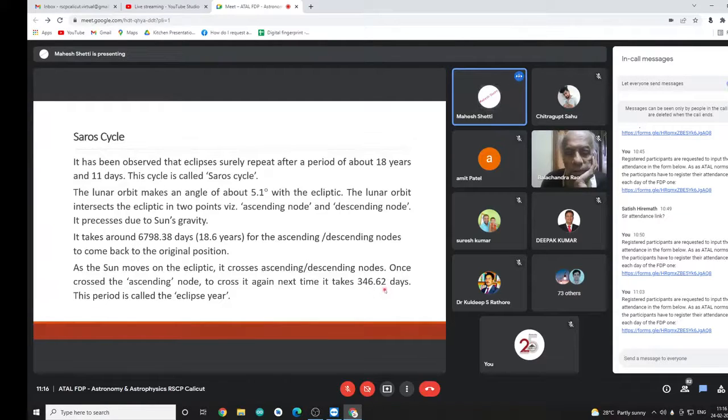Remember also the tropical year, 365.2422 days. And also you can remember that 12 lunar months is going to be 354 days. So there are different durations here. The eclipse year is going to be different, the tropical year is going to be different, and 12 lunar months is going to be a different period. They are going to be comparable but not exactly the same.